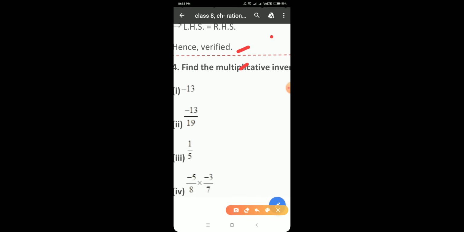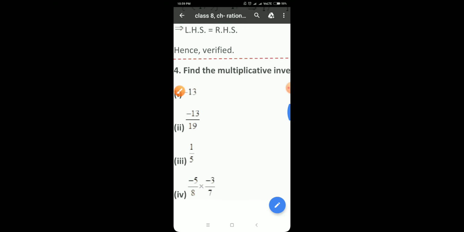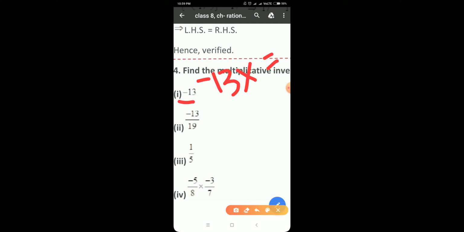Now the next question is: find the multiplicative inverse. In case of additive inverse you have to find what is added so that you will get 0. In case of multiplicative inverse, you find what is multiplied so that you get 1. For example, find the multiplicative inverse of minus 13. What will you multiply by minus 13 so that your answer will be 1? You will multiply it by 1 upon minus 13.